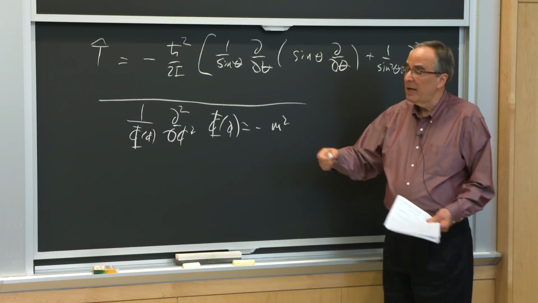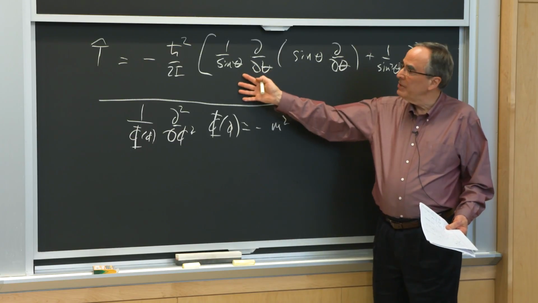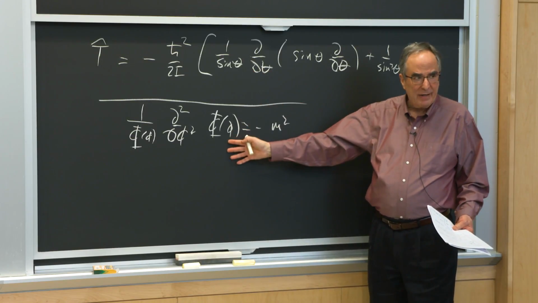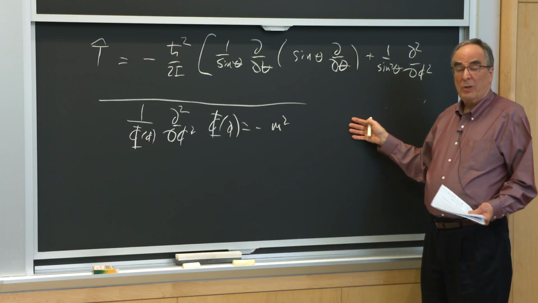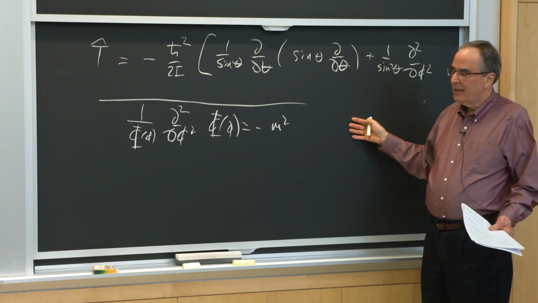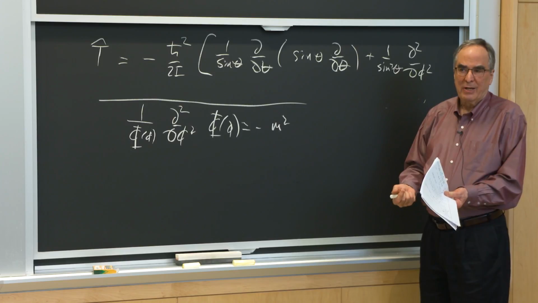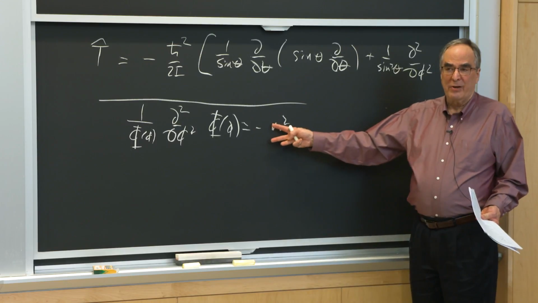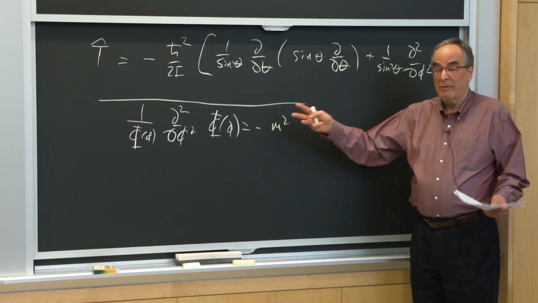So we arranged to have a differential equation that depends only on phi, and another that depends only on theta, and they're equal to each other. And so we call the thing that they're equal to a constant, and we call it m squared.